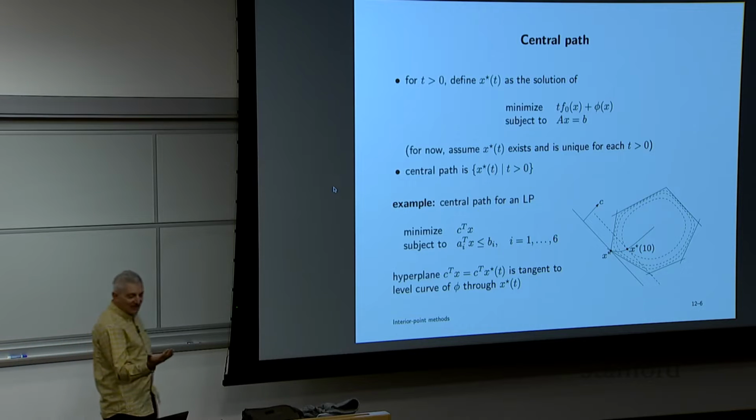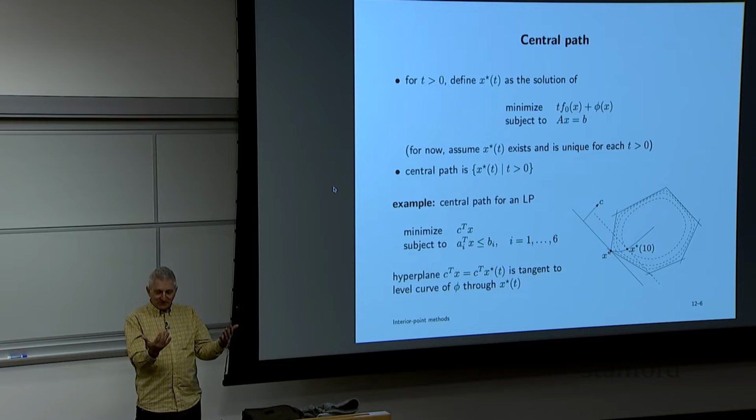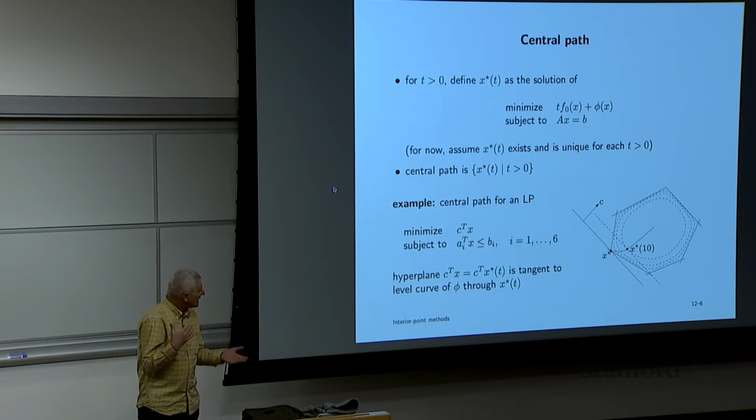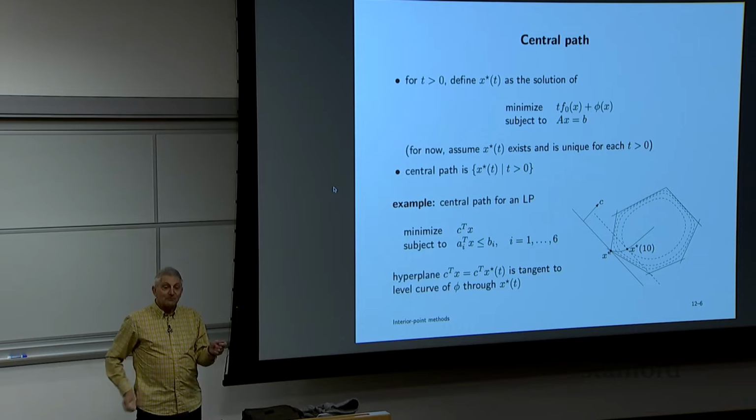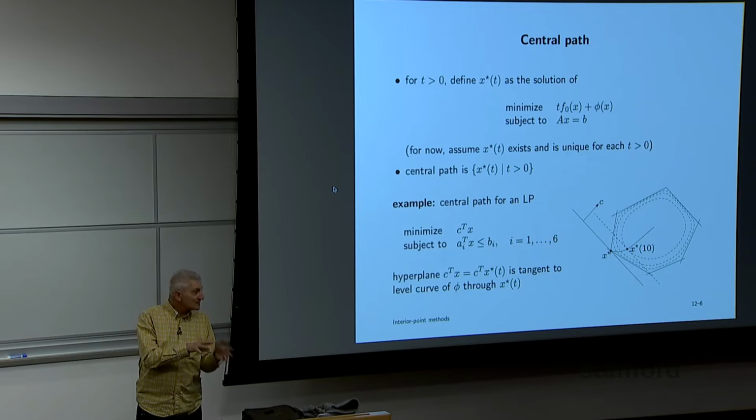You have your problem, and you introduce a parameter. They usually call it theta or something, but here it's t. In the classical version, you introduce a parameter that perturbs or simplifies or smooths out your original problem.